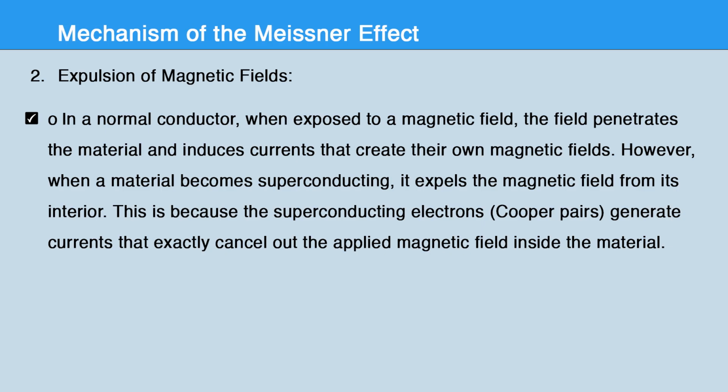Repulsion of magnetic fields. In a normal conductor, when exposed to a magnetic field, the field penetrates the material and induces currents that create their own magnetic fields. However, when the material becomes superconducting, it expels the magnetic field from its interior. This is because the superconducting electrons generate currents that exactly cancel out the applied magnetic field inside the material.